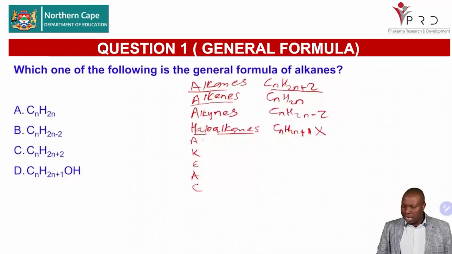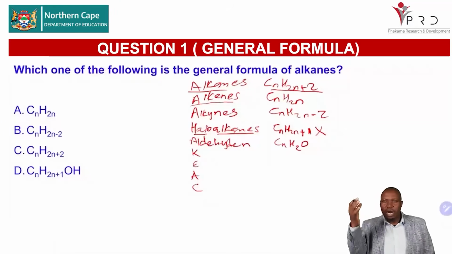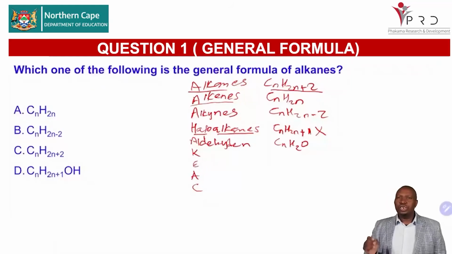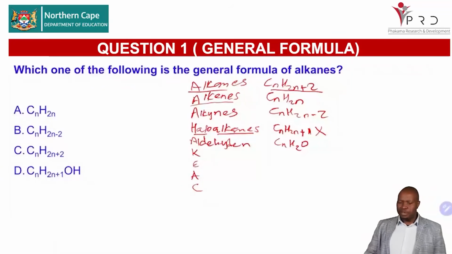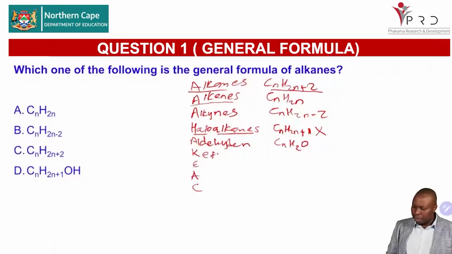And then when it comes to aldehydes, it is CnH2nO. So you can see that we are removing 2 hydrogens from the alkanes. We are putting 1 oxygen, which shows you that there must be a C double bond O in aldehydes. And then ketones as well. Ketones, it will be CnH2nO.